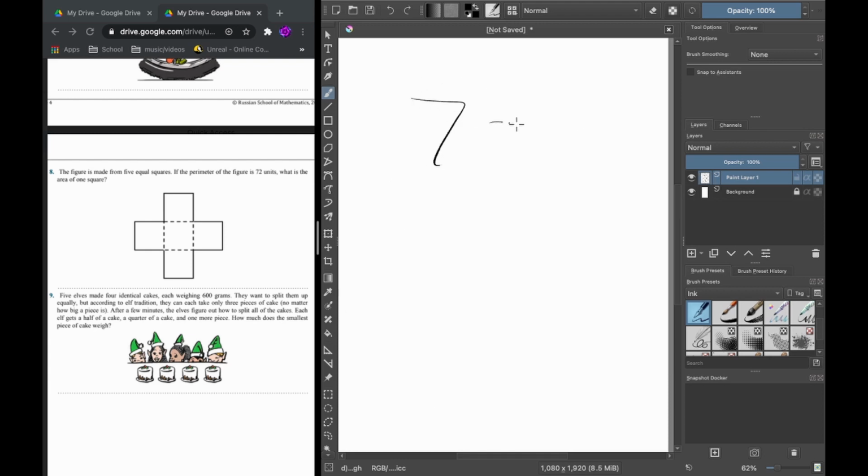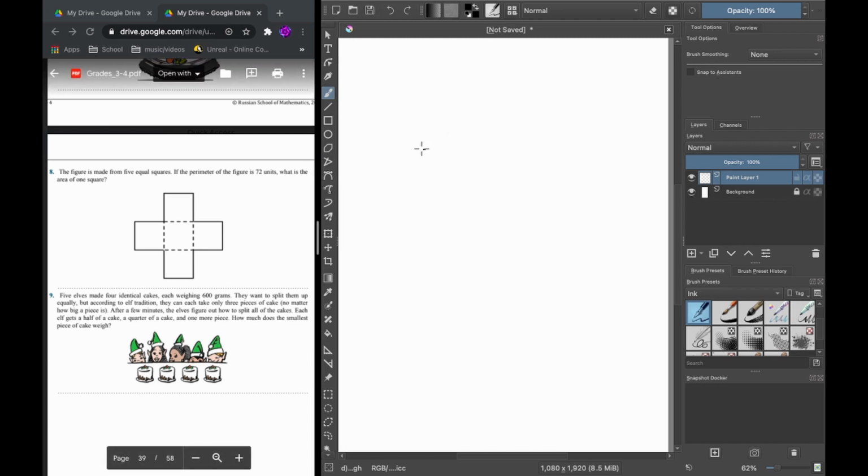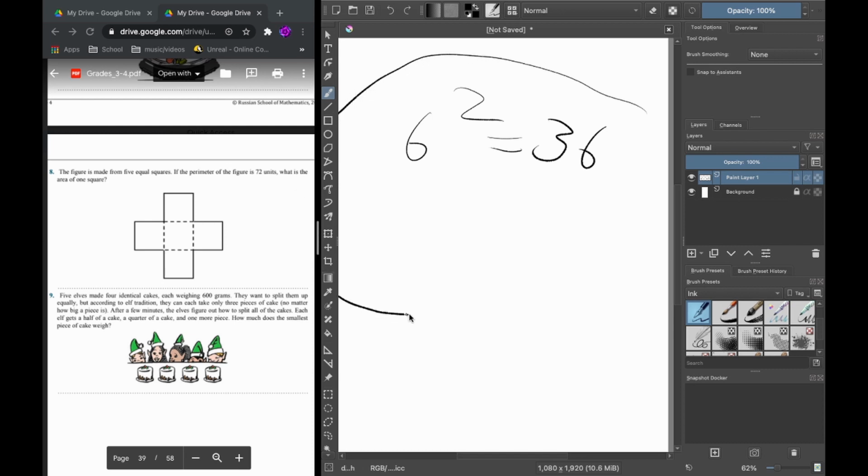So we would do 72 divided by 12, and what we would get is 6. So now we'll do 6 squared, which equals 36. So the answer to this problem is 36, because it was asking for the area of 1 square.